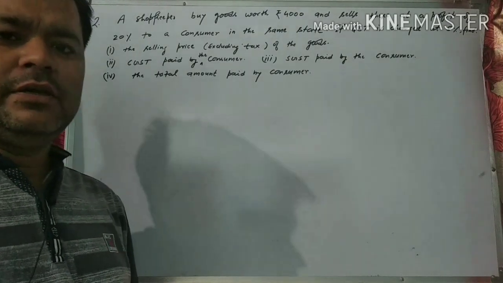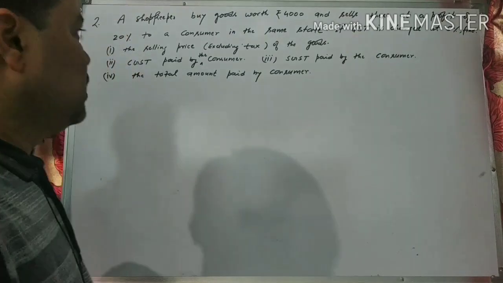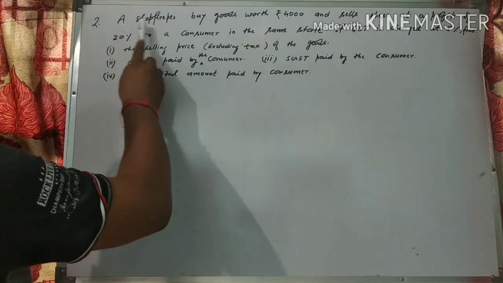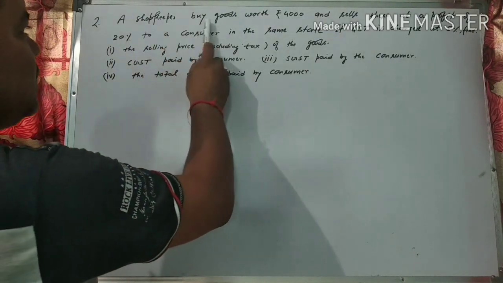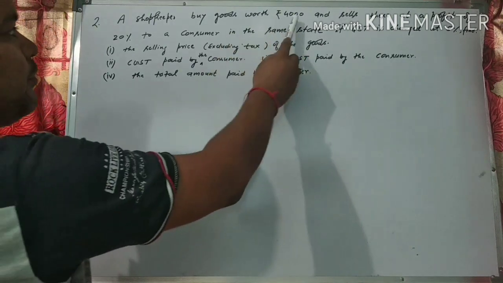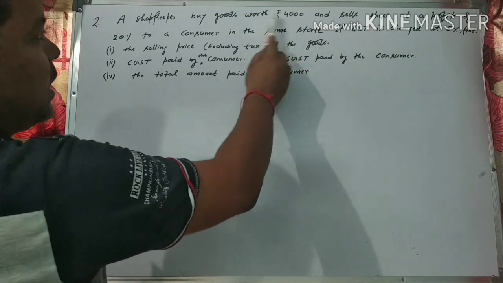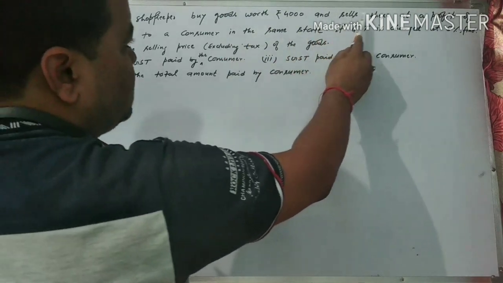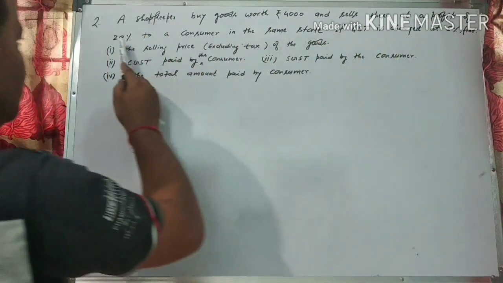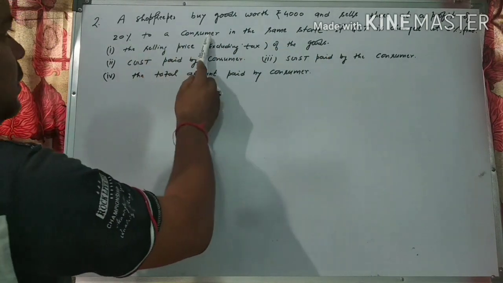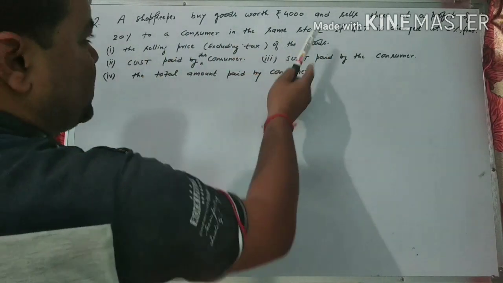Now let us see the second part of the question. Second question of the exercise: a shopkeeper buys goods worth 4,000 rupees, this is the cost of the article, and sells these at a profit of 20% to a consumer in the same state.